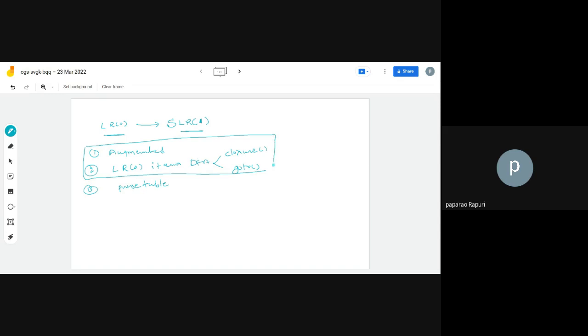Coming to SLR1, these two steps are the same: construction of the augmented grammar and constructing the LR0 items DFA with the help of closure and goto. The only change is at the time of constructing the parse table.